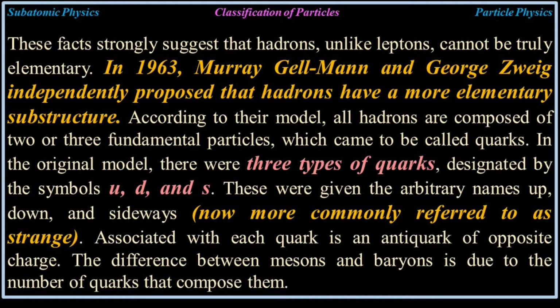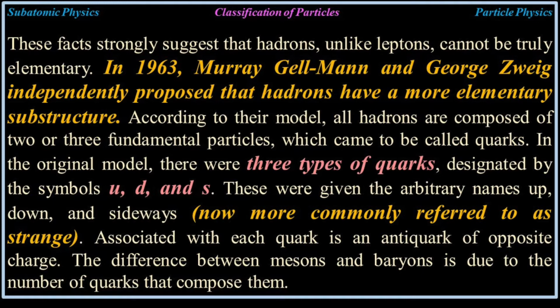In the original model, there were 3 types of quarks designated by the symbols u, d, and s. These were given the arbitrary names up, down, and sideways, now more commonly referred to as strange. Associated with quarks is an antiquark of opposite charge.